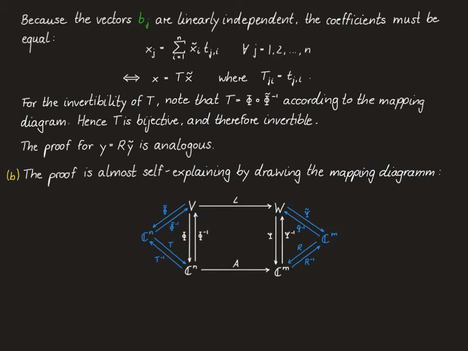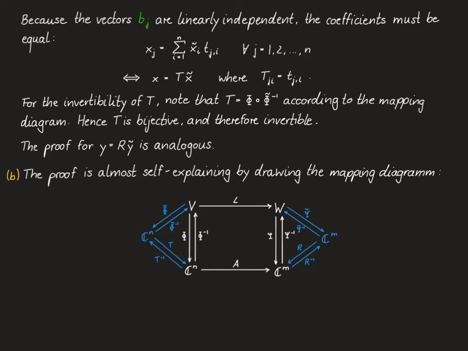The proof of part B of the theorem is now almost self-explaining by just drawing the complete mapping diagram. So we have the vector spaces V and W and the linear map that maps from V to W. Then for the vector space V, we have the two isomorphisms phi and phi tilde according to the basis B and B tilde, which make V isomorphic to C^n in both cases.